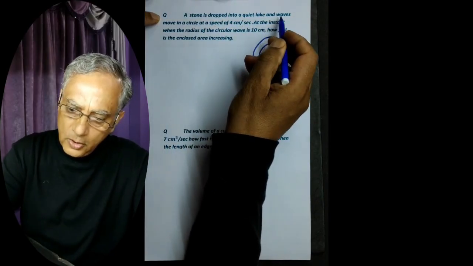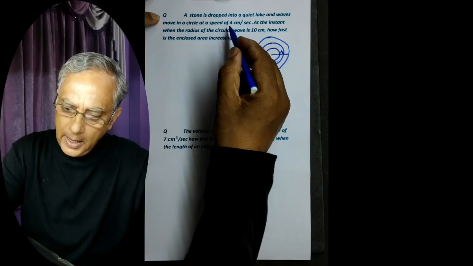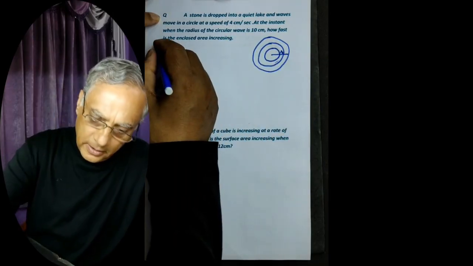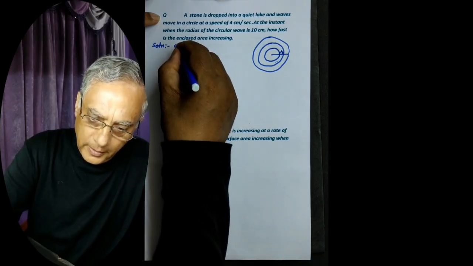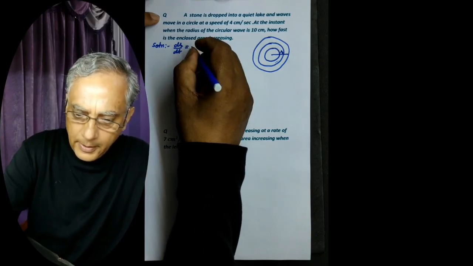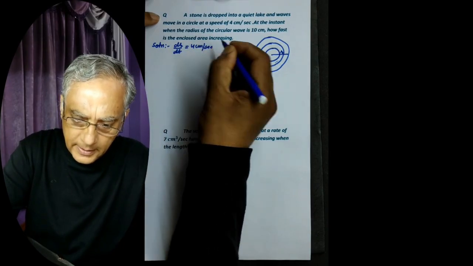A stone is dropped into a quiet lake and waves move in a circle at a speed of 4 centimeter per second. So we are given dr by dt is 4 centimeter per second.